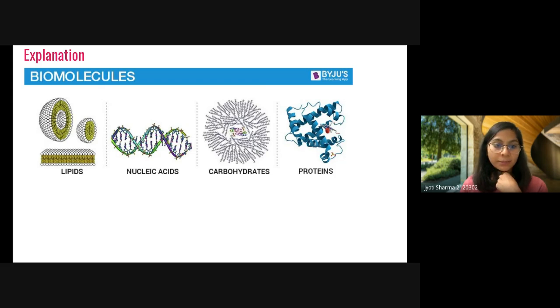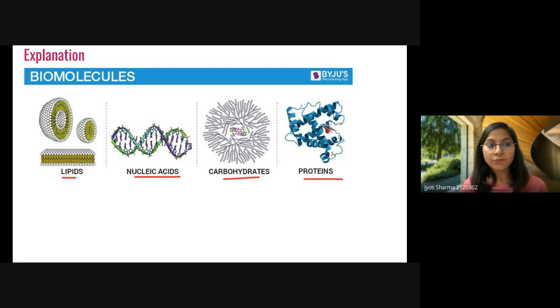Lipids are most of the time used for storage. Nucleic acid is for storing the genetic information. All the genetic information is stored in nucleic acid, or you can say DNA, RNA. And carbohydrates we have a lot for energy purposes. Then we have the protein.